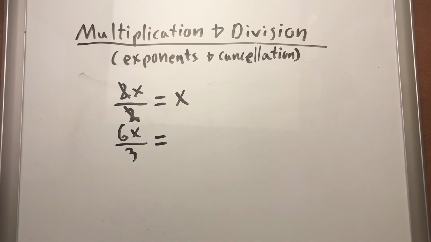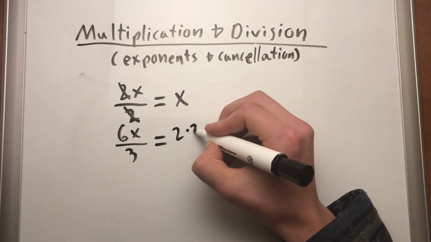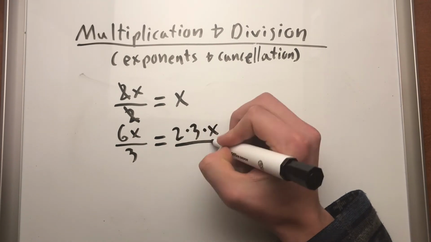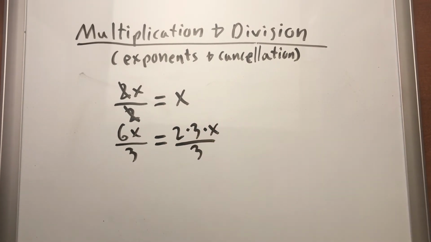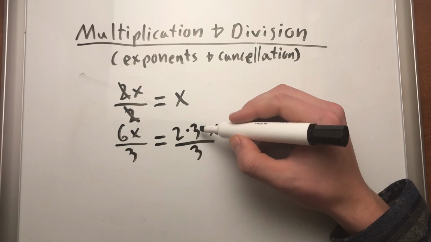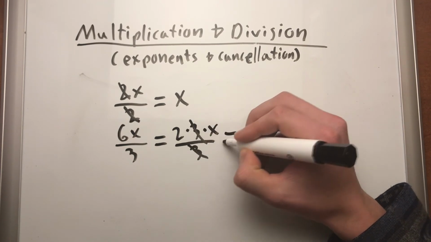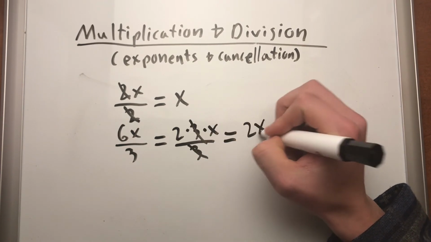Well, at first glance, it might not seem like there is anything on the top or bottom that's the same. However, this 6x can be rewritten as 2 times 3 times x, and that's all over 3. Now we have something on the bottom and the top that are the same, and that can be canceled, leaving us with 2x.